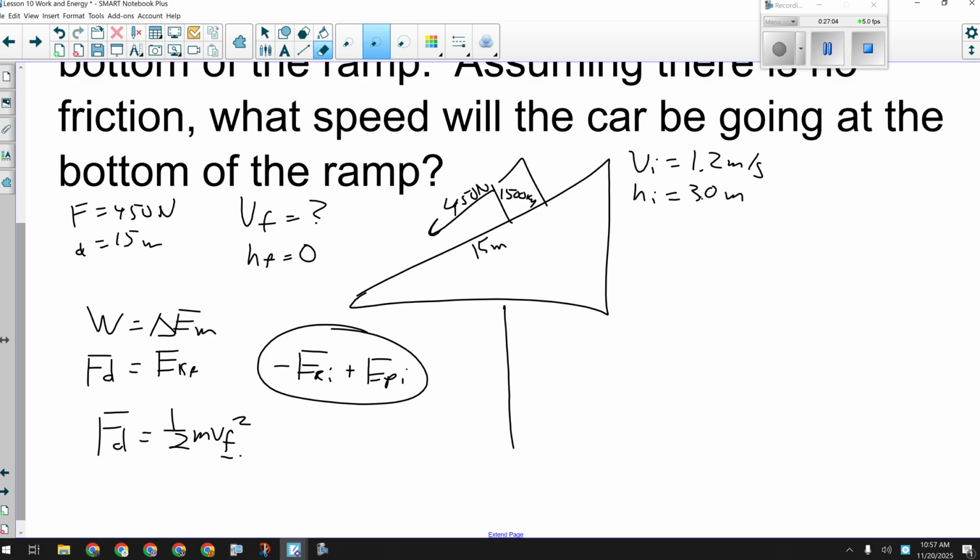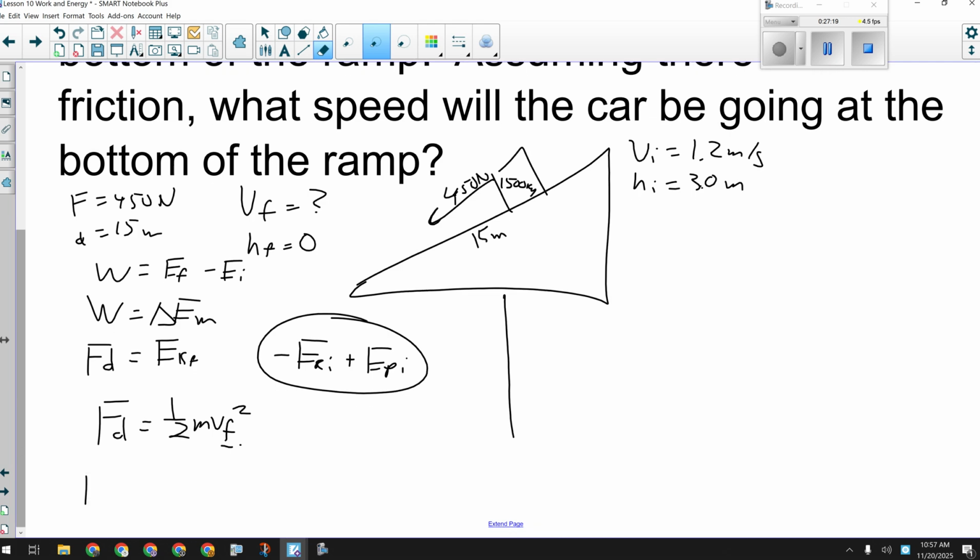What I'm doing here is saying that work equals the final energy minus the initial energy. What I'm looking for is part of the final energy, so I can add the initial energy over to the other side. So I'm going to say force times distance plus EK initial plus EP initial equals 1/2 MVF squared.